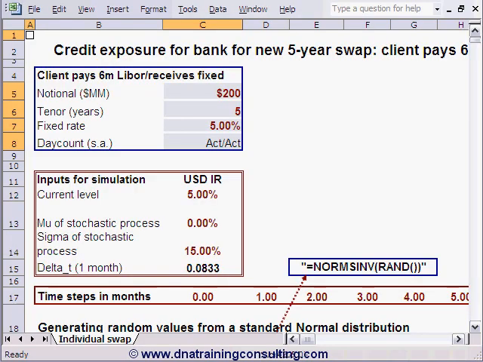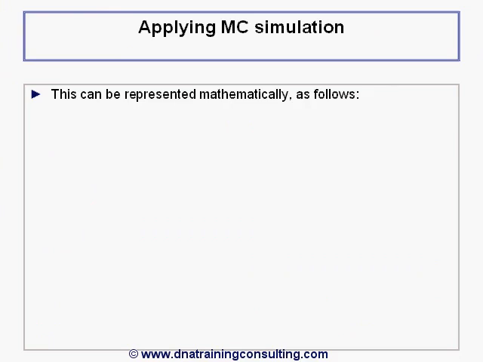The stochastic process we use to simulate future rates assumes that the percentage change in the level of rates is normally distributed with an annual mean of 0, usually called the drift, a volatility sigma of 15%, and time intervals of 1 month here. This can be represented mathematically as follows.